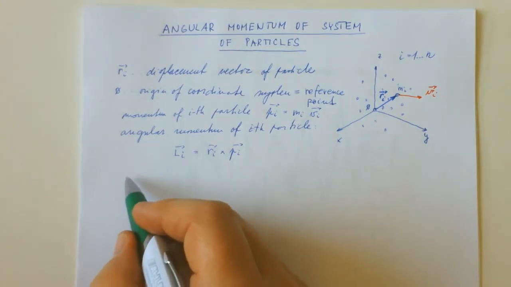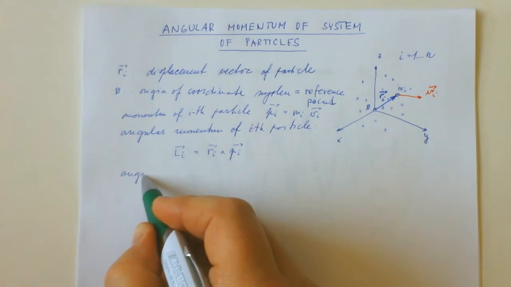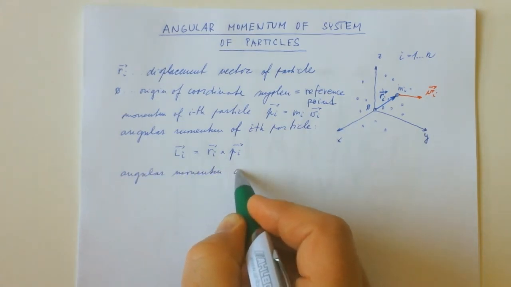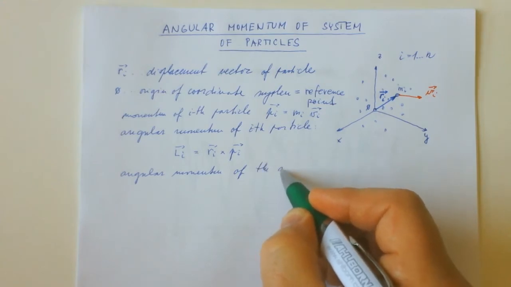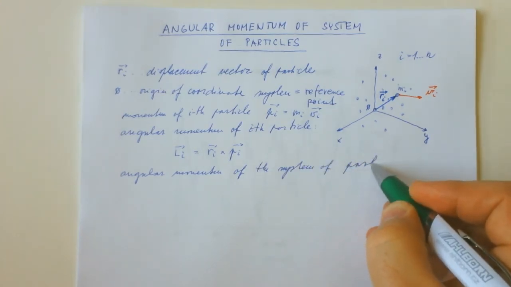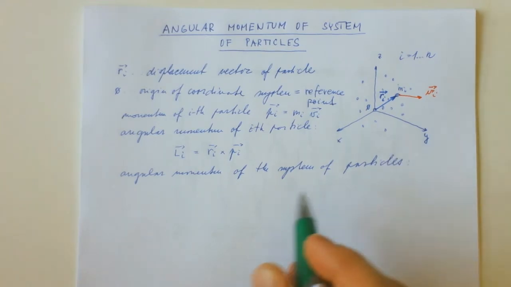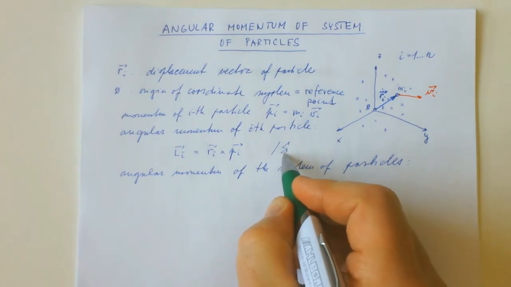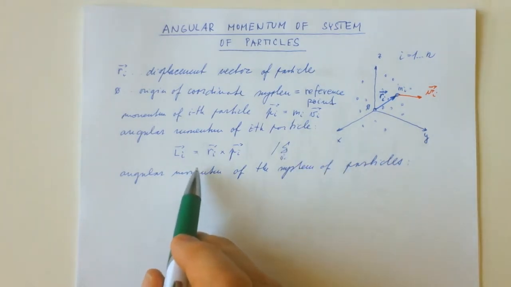and the angular momentum of the system of particles is given by the summation, the sum over i of these equations.